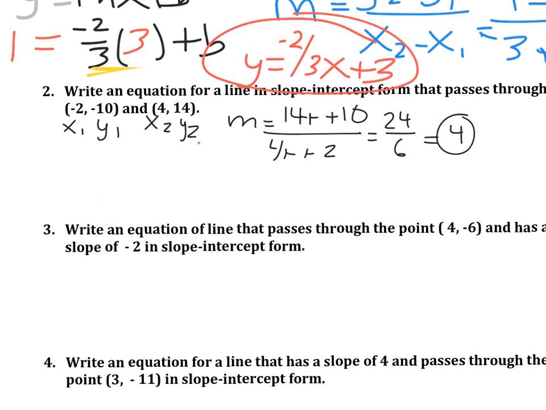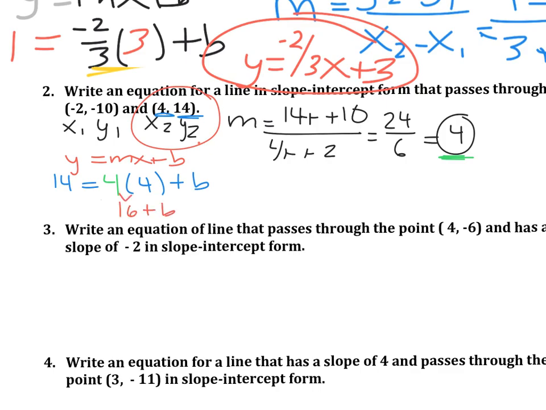I pick 1 point. I'm going to use (4, 14). I'm going to plug everything into y = mx + b. So 14 is my y. I got that from up here. My m was 4. My x over here is +4. I'm doing 4 times 4, which is 16.